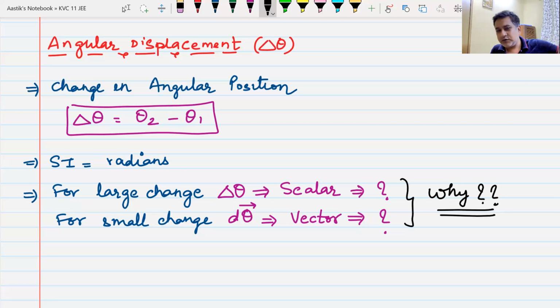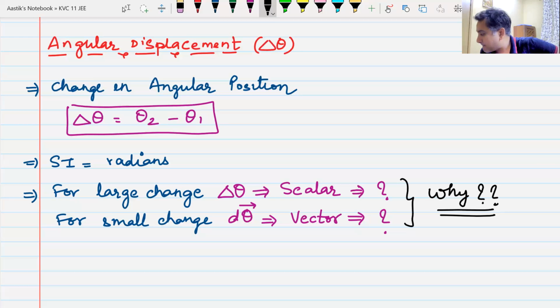The motion that we were doing, 1D motion in the past, that was known as linear motion. Does this angular position and angular displacement remind you of something in the past? If you understand that, you will understand what is the next term that is going to come.